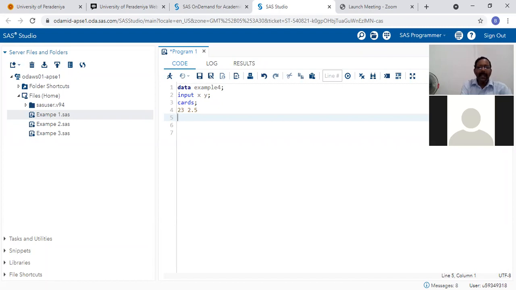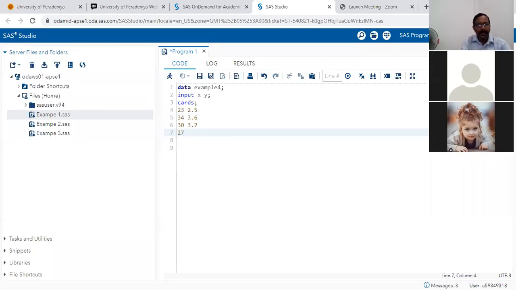Right, now I have the first tree, the yield is 2.5 kilograms. The second, 34, is giving a yield of 3.6 kilograms. Fourth one, 30, giving 3.2. 27, giving a yield of 2.8.